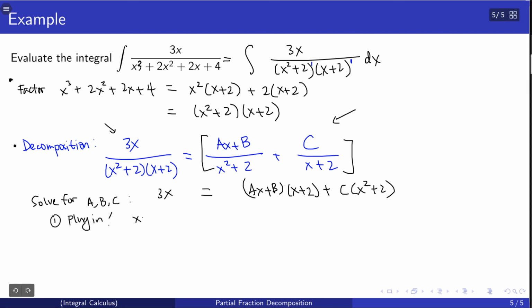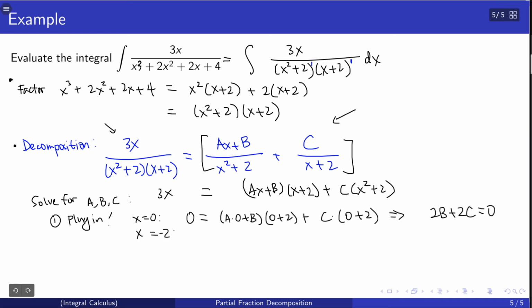For instance, I can plug in x equals 0, and the equation must be true at x equals 0. Therefore, I get 0 equals a times 0 plus b times 0 plus 2 plus c times 0 plus 2. This gives me 2b plus 2c equals 0. All right, and you can kind of see what happens here. You can keep plugging in numbers, and I'm going to get equations that involve only the unknown a, b, and c parameters.